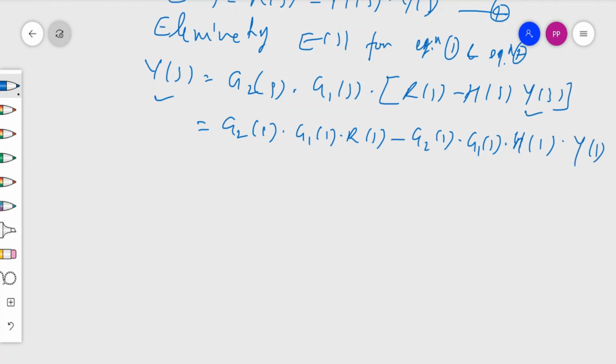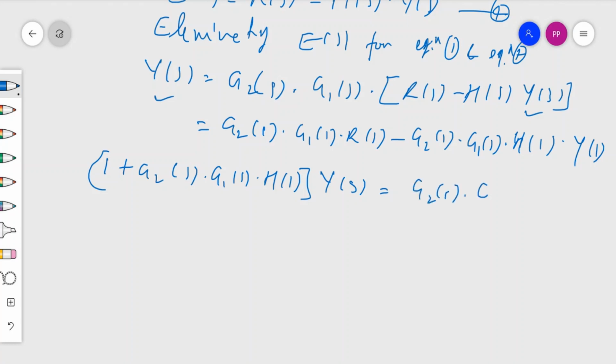Now the y terms can be taken together, so it will become 1 plus G2S into G1S into HS, which will be the coefficient of YS, and this is equal to, on the right hand side, you are left with G2S into G1S into RS.